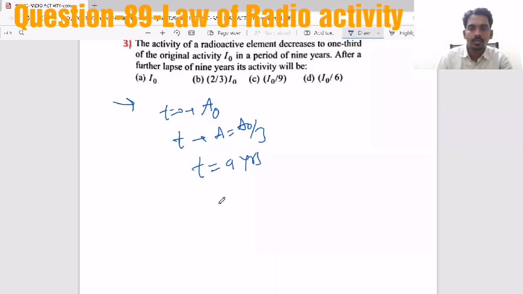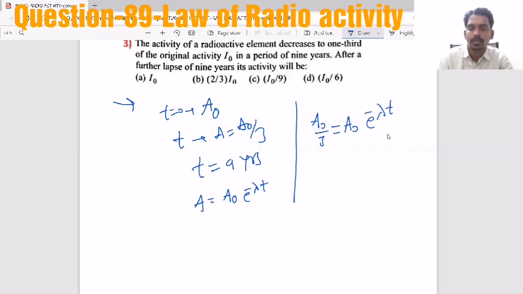So see here, first A equal to A naught into e power minus lambda t. Now here A became A naught by 3 in a period of T1, which is 9 years. So 1 by 3 equal to e power minus lambda 9 years, that is e power minus 9 lambda.